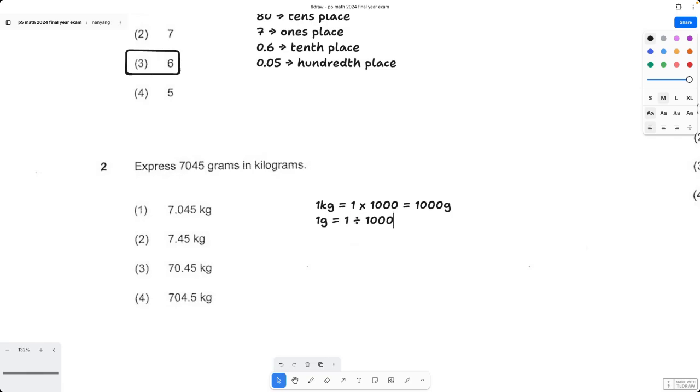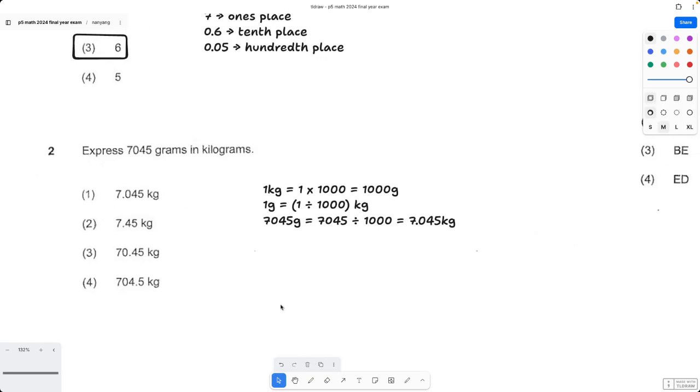In this case over here, this is in kilograms. So 7,045 grams is equal to 7,045 divided by 1,000, and this gives us 7.045 kilograms. And that's it. So the answer to this is 7.045 kilograms.